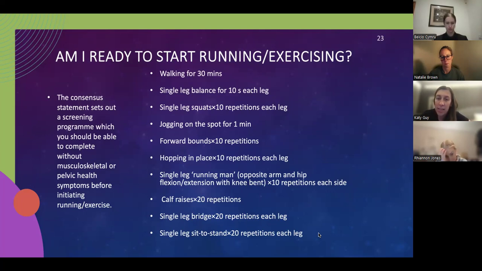each leg, single leg squats on each leg with 10 reps, jogging on the spot for 1 minute, forward bounce for 10 reps, hopping 10 reps each leg, single leg running man 10 reps, calf raises 20 reps, single leg bridge 20 reps, and single leg sit to stand 20 reps.